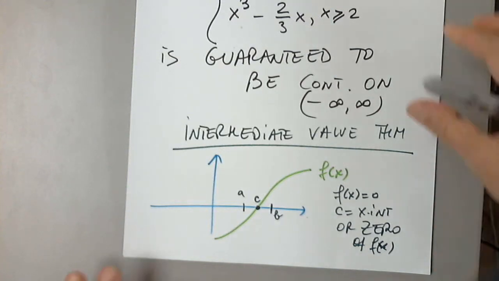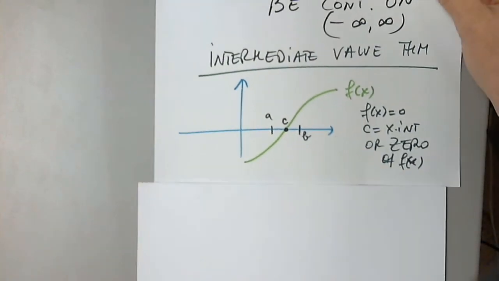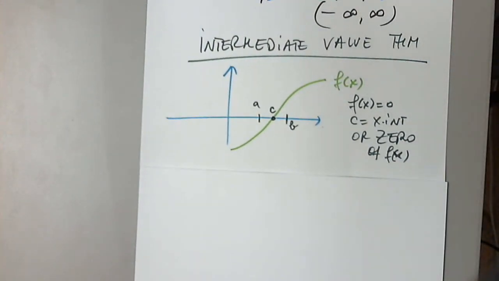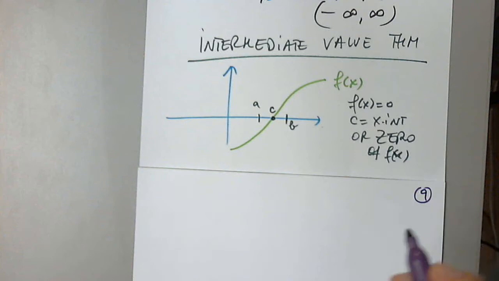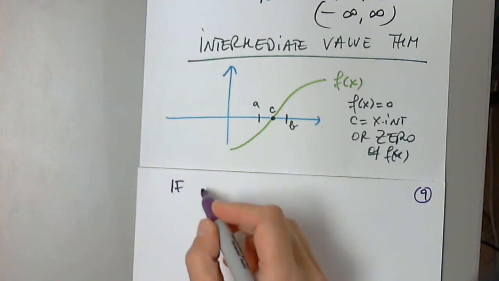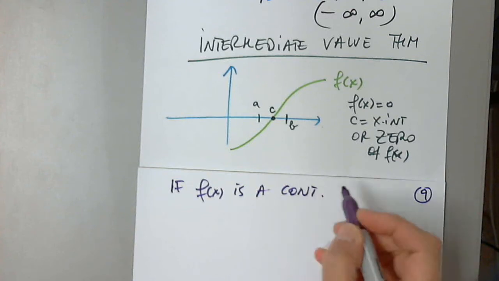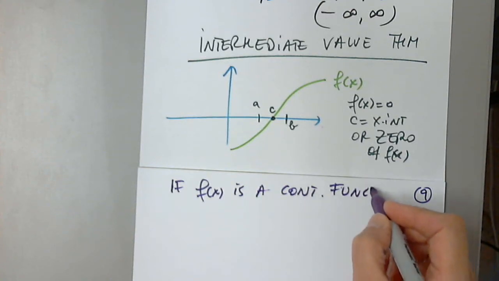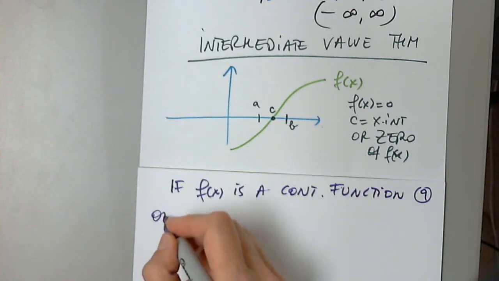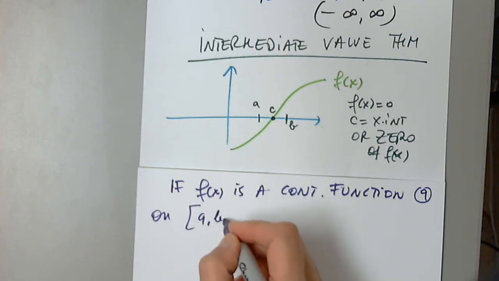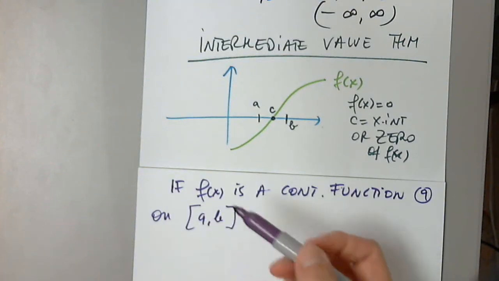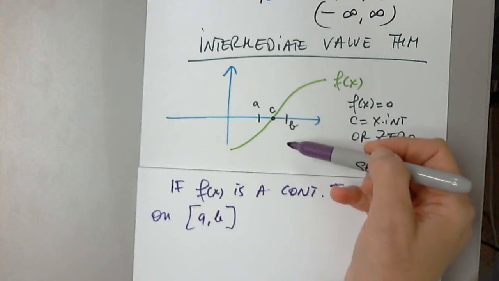Okay, so what am I saying to you with this? Here's what I'm saying to you. If f of x is a continuous function on the interval a comma b, is it a continuous function on the interval a comma b?